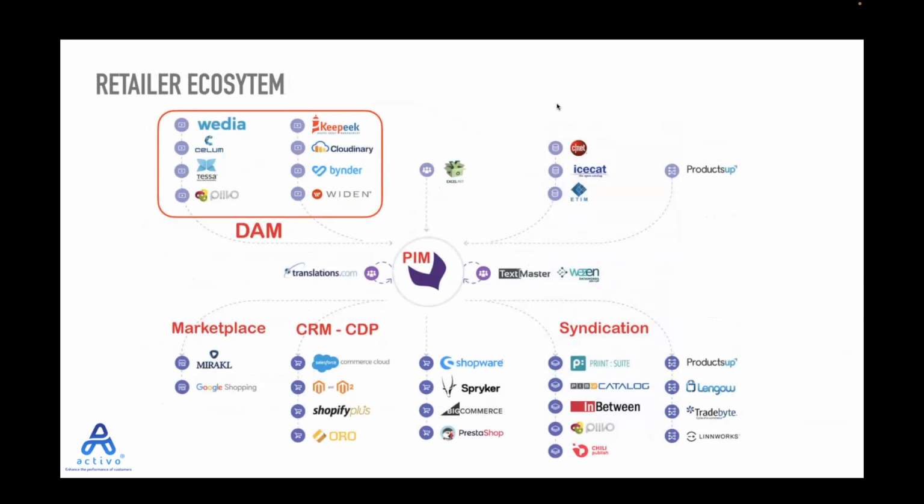I put in this slide, another slide from the Akeneo PIM vendor, but it's a good representation that we still need the DAM system in order to manage the whole set of assets. In the meantime, you can see that you have a lot of different channels to feed.